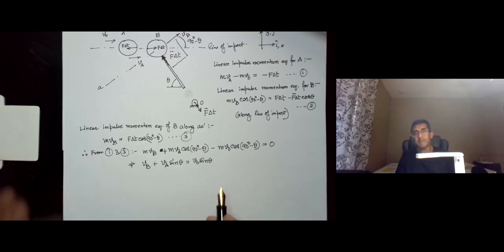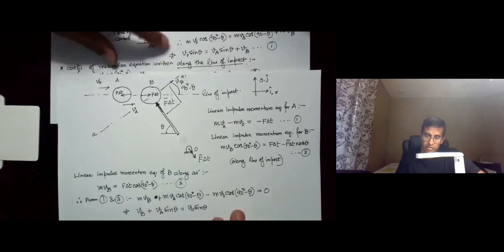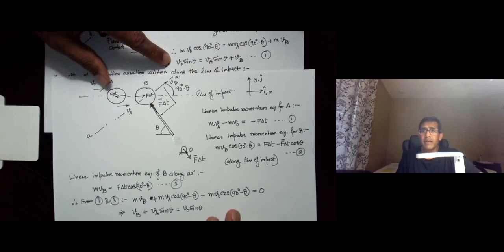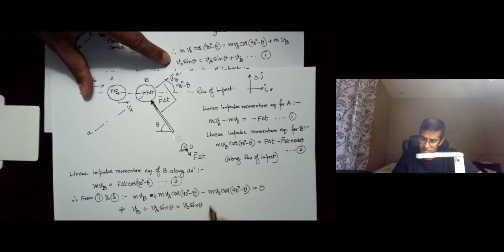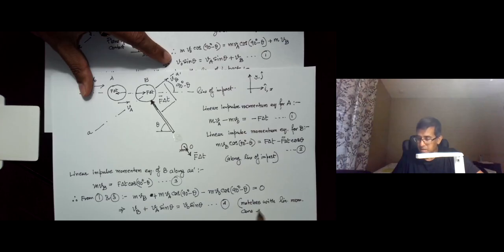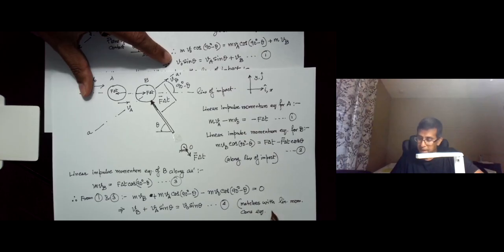And let's see if this matches with the linear momentum equation that we had derived earlier. If I call this equation 4, it matches with the linear momentum conservation equation along AA prime.